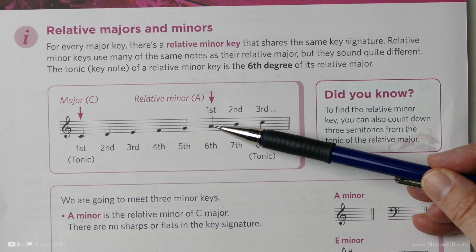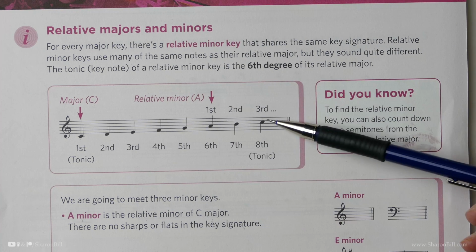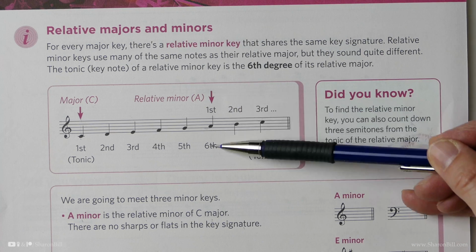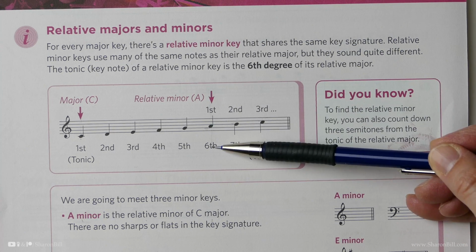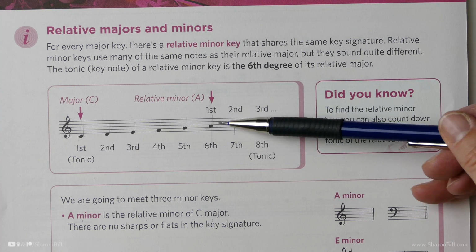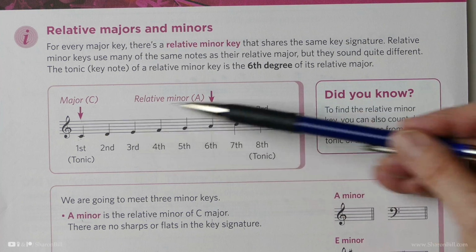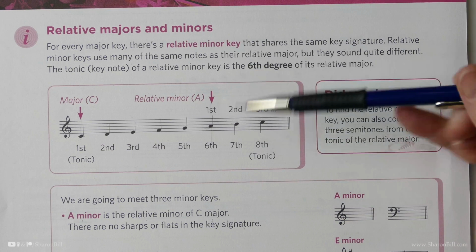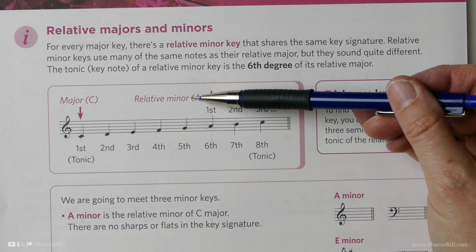It will always be the 6th degree of the scale, or you can count back 3 from the top to give you the related minor key. So C major and A minor are related. Now I find this quite difficult because it's remembering, is it the 6th degree of the major or the 6th degree of the minor? I don't do well remembering numbers, as it were.